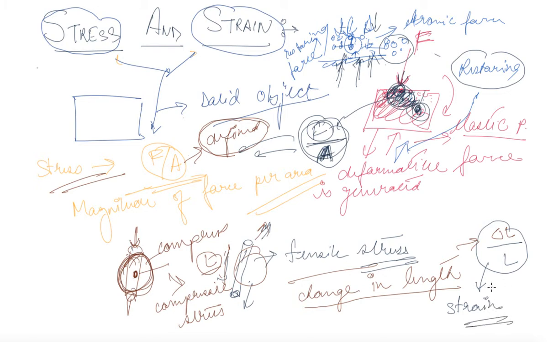So now we are in a position to define what is stress and what is strain, and to concentrate on their fundamental differences. For me, how I understand stress and strain is that stress is the action, and strain is the reaction. This is how you can understand.